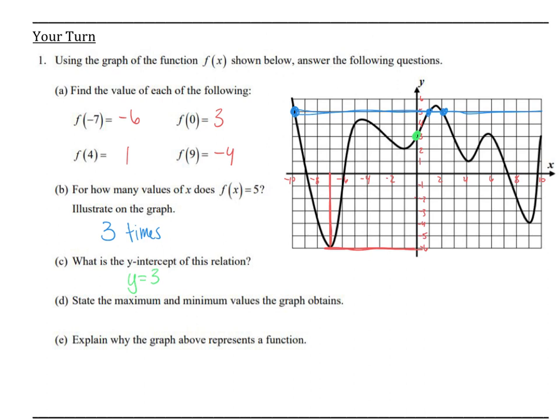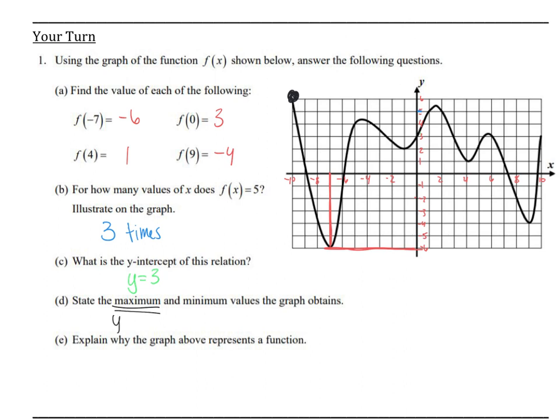And then it says to state the minimum and maximum values of the graph. So I'm going to erase this so we can look. All right, so our maximum value is going to be the highest point on our graph. So hopefully you notice this is our highest point on our graph, right? The maximum is going to be the highest y value.